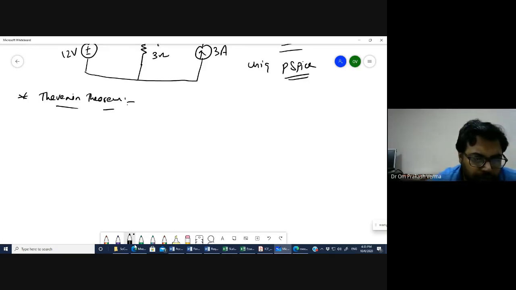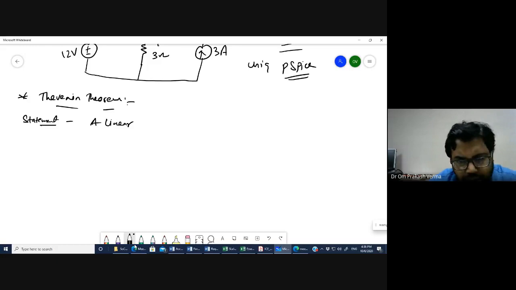So the statement of this theorem is that it is validated only for the linear circuit.